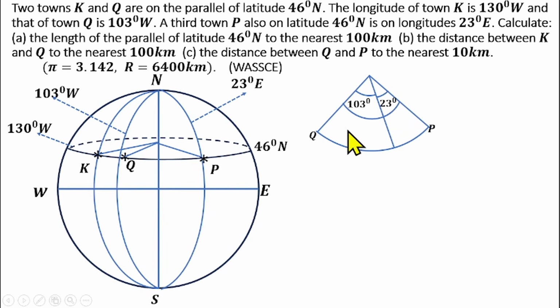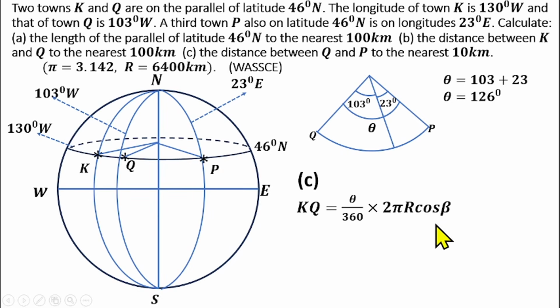So the whole angle there, which is the angular distance between Q and P, is the addition of the two angles. That gives 126 degrees. So if you have to find the distance between Q and P now, that will be along that parallel of latitude 46 degrees north, and that should be along the small circle as well.